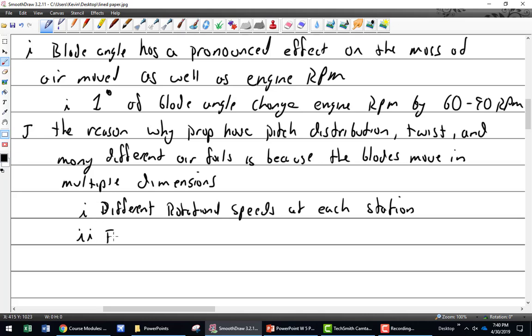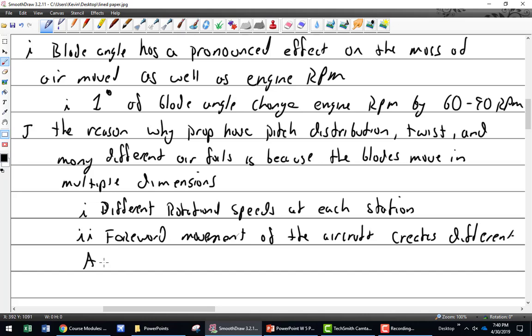Then forward movement of the aircraft creates different angles of attack for each station. Different angle of attack for each station.